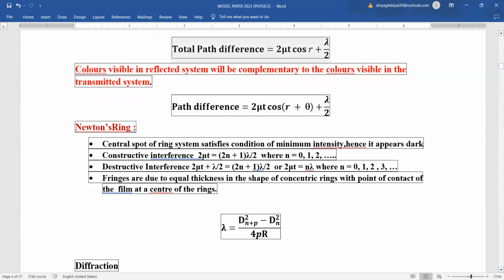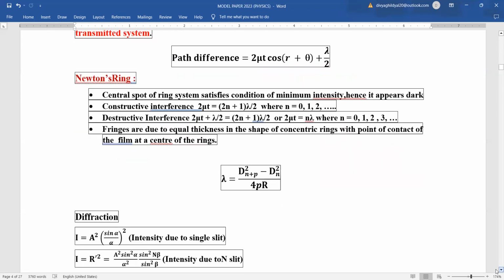The same formula for wedge-shaped film, where the wedge is inclined at an angle of theta, becomes: path difference is 2 mu t cos (r plus theta) plus minus lambda by 2. In Newton rings theory, the center of the ring always satisfies the condition of minimum intensity, hence it is dark, unless a dust particle or thin film is introduced at that place.